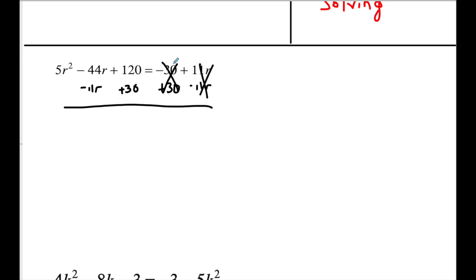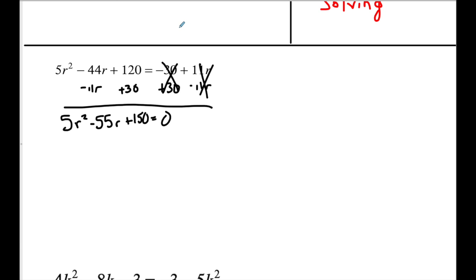When I do that, I've canceled out everything on the right, so there is nothing left, and nothing in math numerically means 0. So I take 11r from the 44r, which gives me negative 55r, and I add 30 to 120, and that gives me 150.